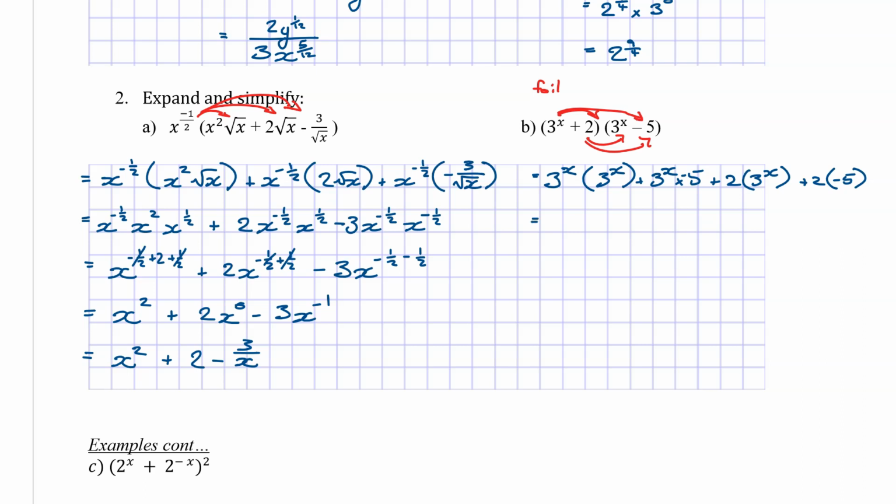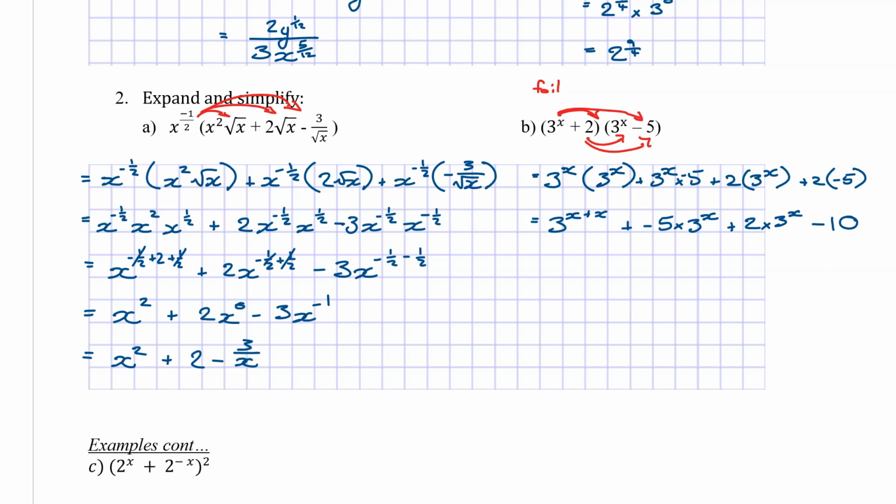Going down, we're going to get 3 to the x, and it's going to be x plus x, like that. Then we're going to get plus negative 5 times 3 to the x, plus 2 times 3 to the x, minus 10.